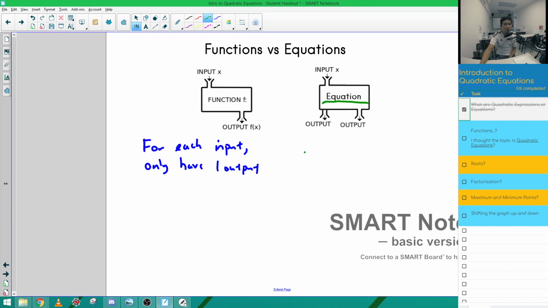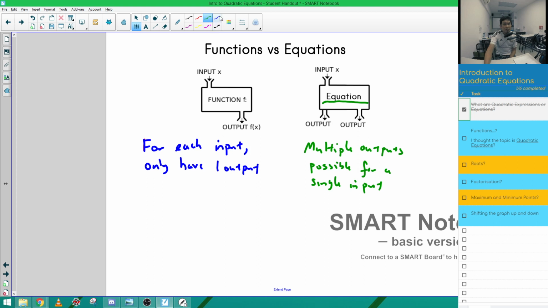So for equations, multiple outputs are possible for a single input. That is the very big difference between functions and equations.